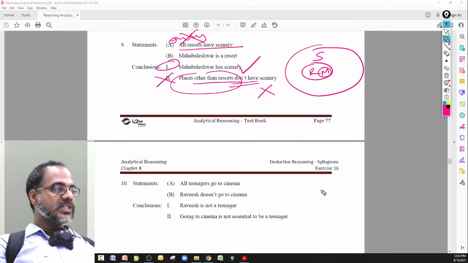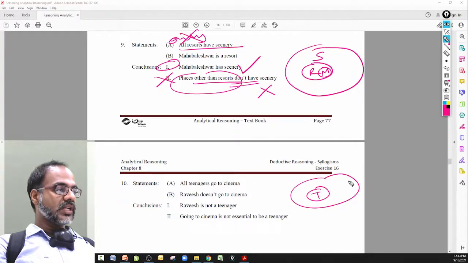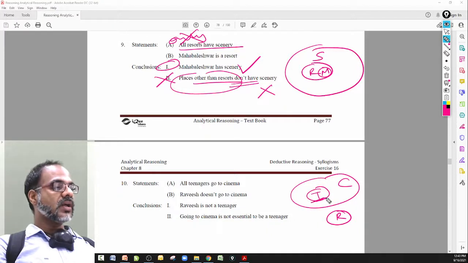The 10th one says all teenagers go to cinema and Ravish does not go to a cinema, right? If every teenager goes to a cinema, Ravish, if he's a teenager, has to go to cinema, but Ravish does not. That means Ravish is not a teenager. So first one is definitely true, right? First conclusion is definitely true. Now, if going to cinema is not essential to be a teenager, then there can be teenagers who don't go to cinema.